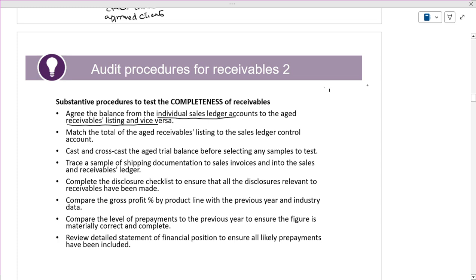Take your own perspective. You will have multiple clients, individual accounts. You take the individual accounts and make the total of that. You will agree whether the individual balances have been agreed to the total. Again, you take the total and go back to the individuals.